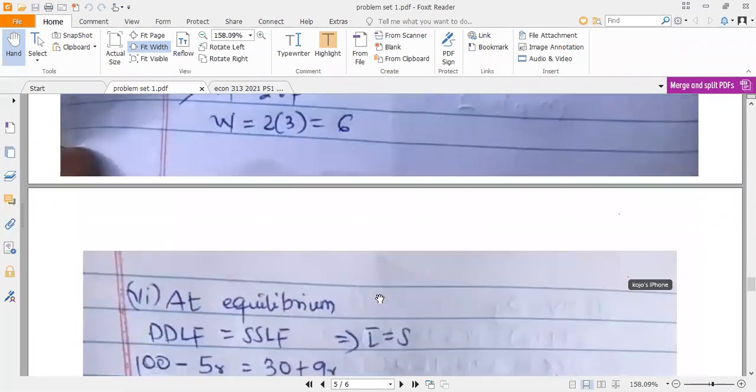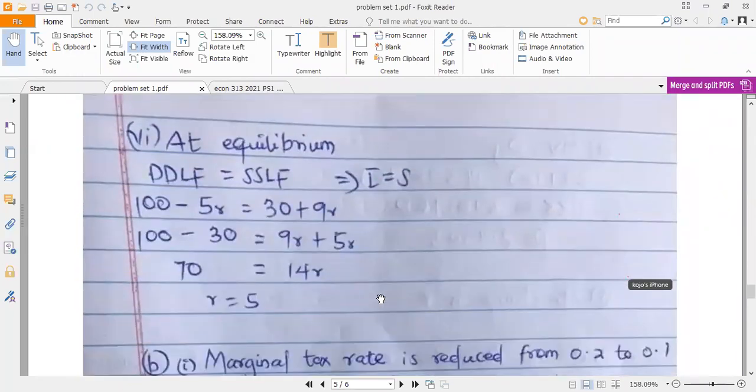And then we are to find the equilibrium interest rate. The real interest rate is determined in the loanable funds market. There too, we have equilibrium when the demand for loanable funds equals the supply of loanable funds. The demand for loanable funds is given as the investment function, which was given in the question, and the supply of loanable funds is given as the savings function.